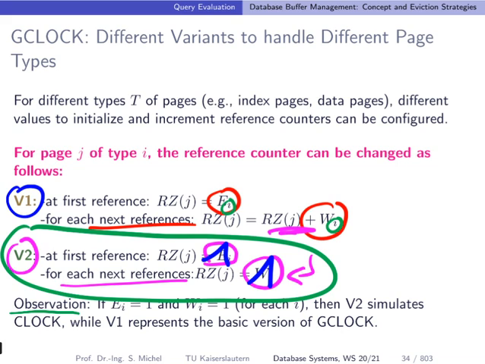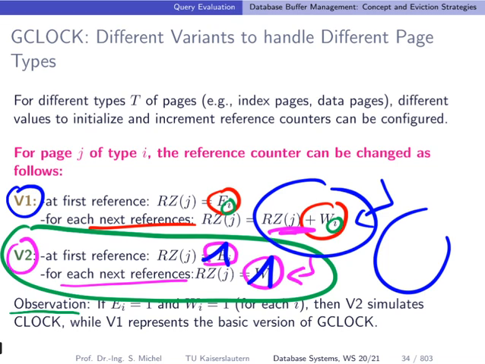The other one is not the same, because here we keep incrementing at every reference. This has a little bit of the spirit of least frequently used, because here you count the references. But as opposed to least frequently used, we also decrement because of the cyclic search in the ring buffer. So it would not have the problem LFU would have.